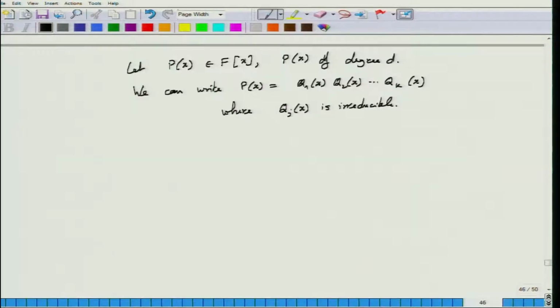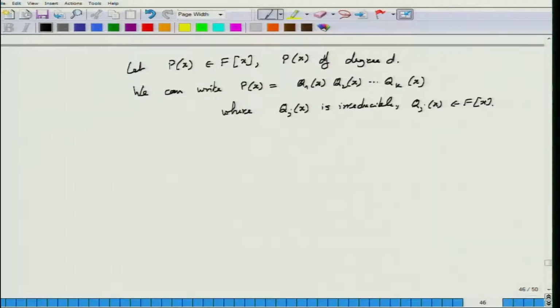The fact that I can write P as a product of these irreducible polynomials, each one of the Qj is in F[x]. So that's not it. A root of P will be a root of one of them. That's clear, right? If P is 0, then one of them will be 0. That is one conclusion we can derive.